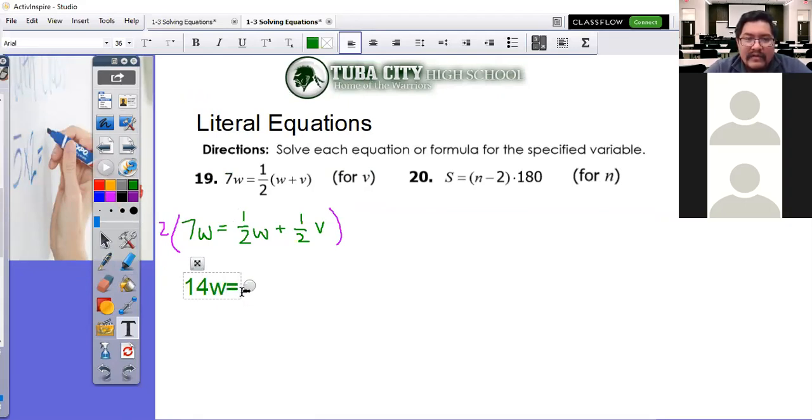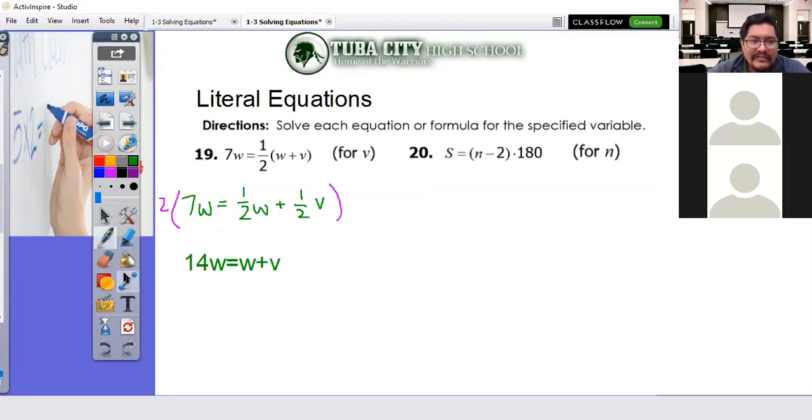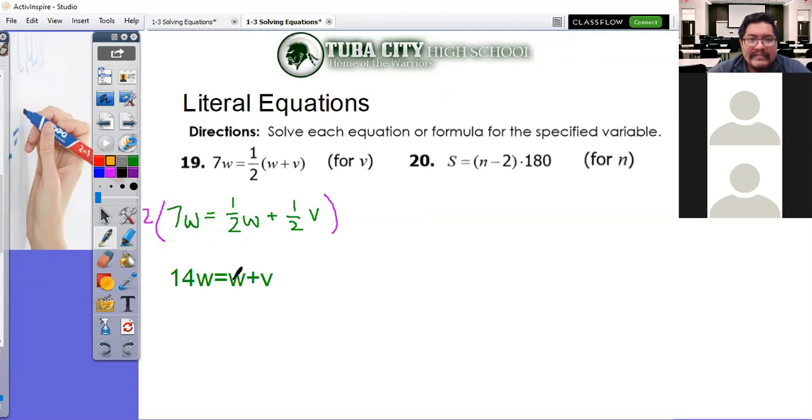Now we get rid of the 1/2 because 1/2 times 2 is just 1. And now we have much smaller numbers to work with. So that made it really easy because now I don't really need to do anything else. Let's just get this W out of the way of the V.